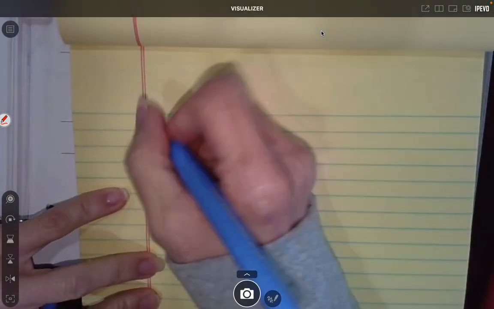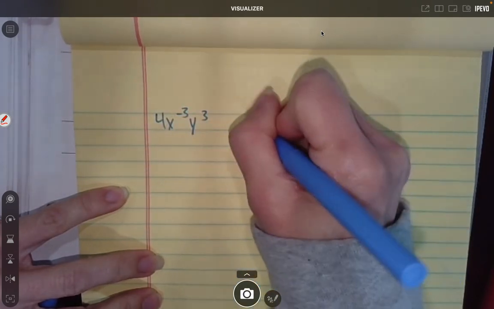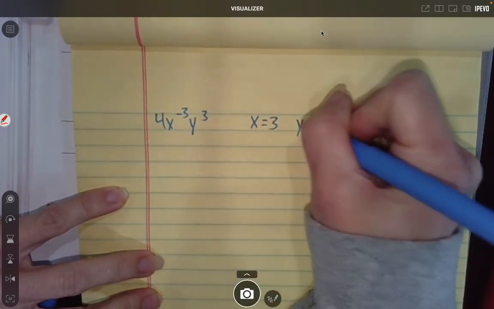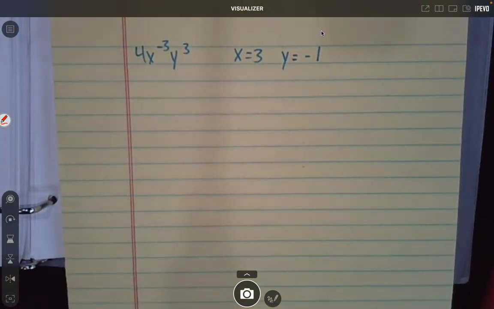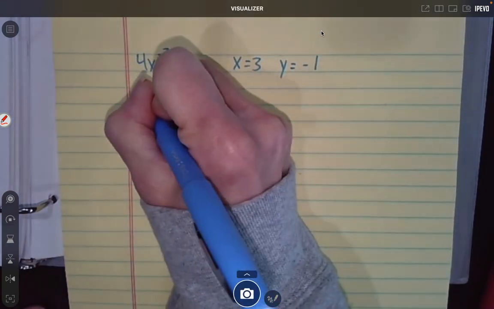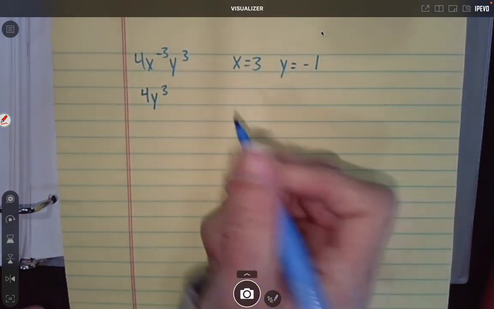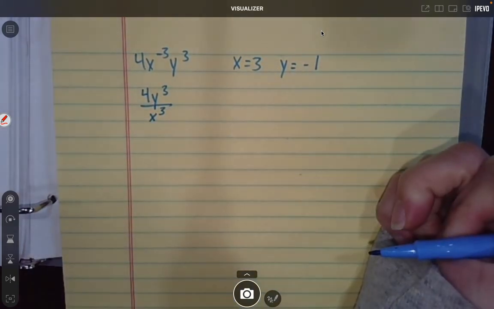Number 5, it says 4x to the negative 3, y to the 3rd. And here's our 2 answers. Okay. So which one needs to be moved? The x.